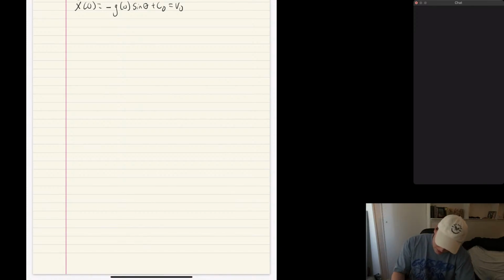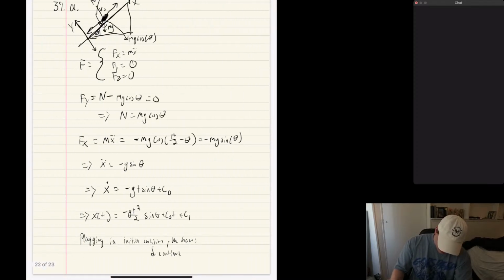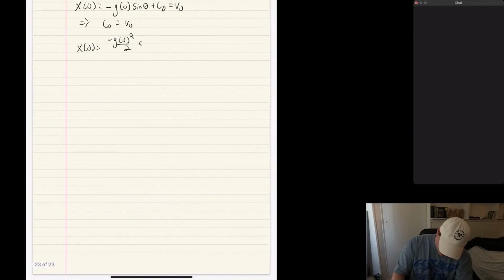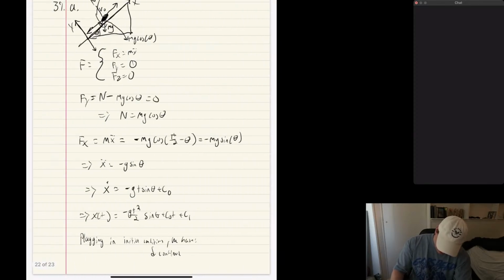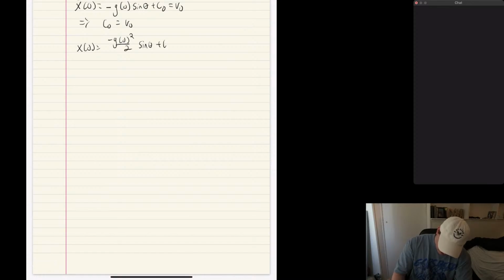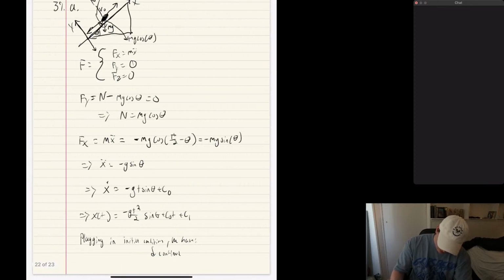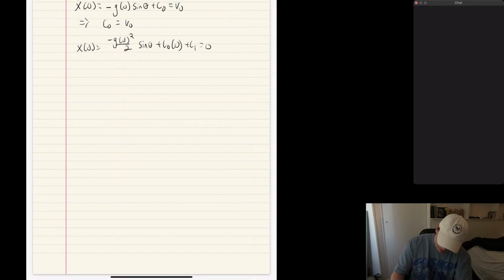So that must mean that c0 is equal to v0. And then we have x of 0 is equal to 0, is equal to negative g0 squared over 2 sine theta plus c0 times 0 plus c1 is equal to 0. And this just means that c1 is equal to 0.